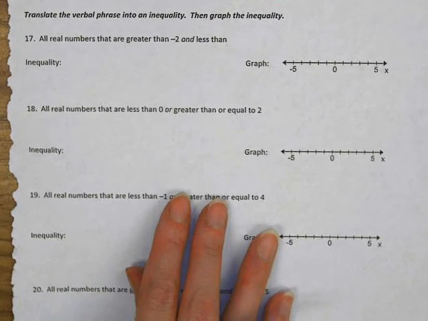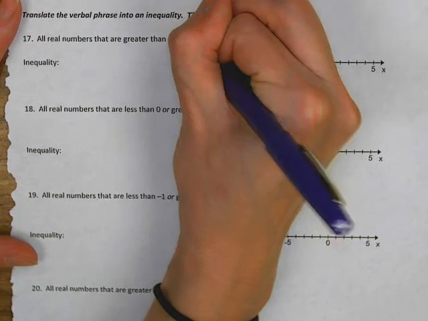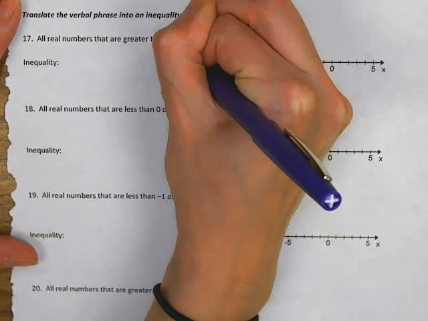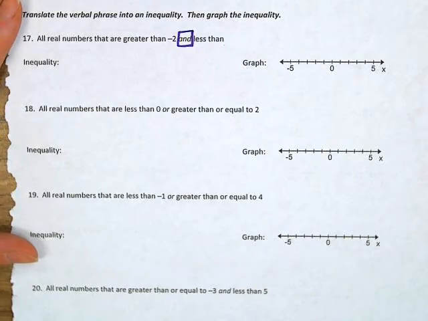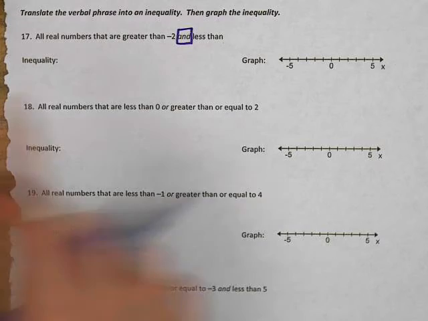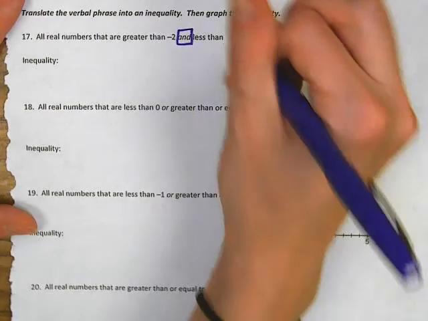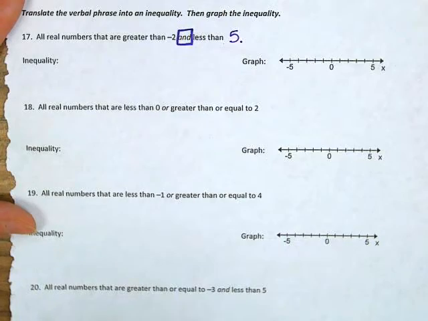Okay, so 17, all real numbers that are greater than -2 and, oh my God, a sandwich. Okay, so we're going to make our own sandwich. Oh, there's no number here. All real numbers greater than -2 and less than, let's put 5.